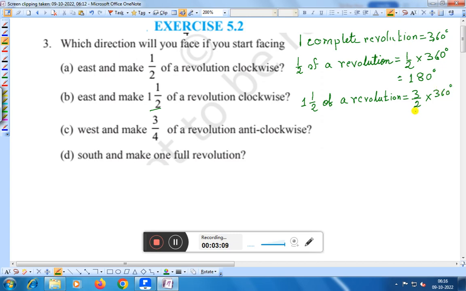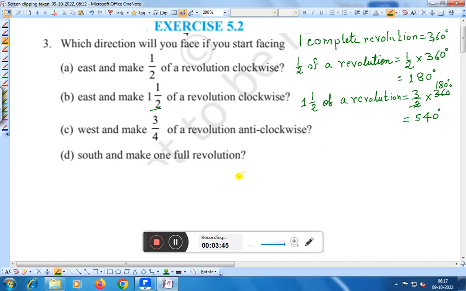We cut this one, 2 1 is 2, it is 180. If we multiply 180 with 3, we are getting 540 degree, right? One whole 1 by 2 of a revolution means 540 degree, right?